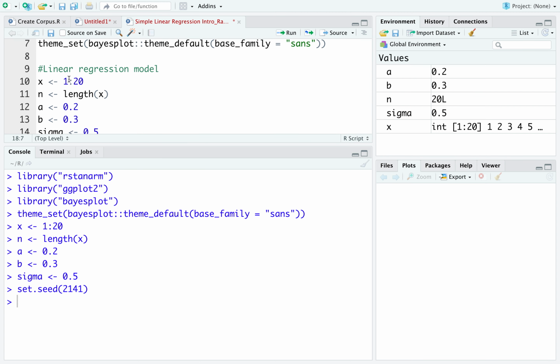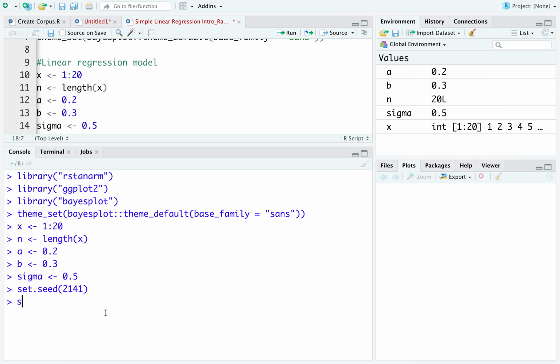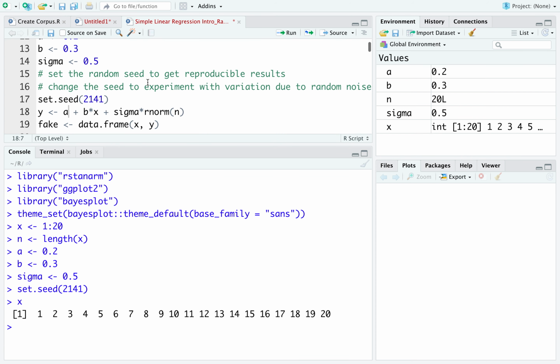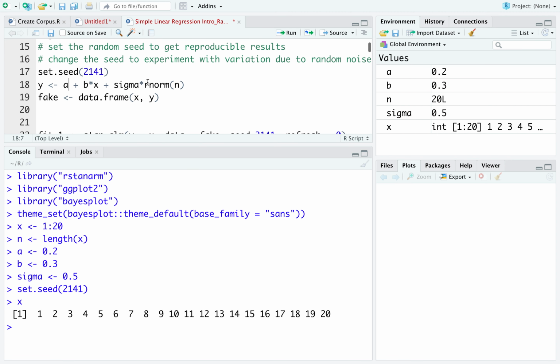One data point has X equal to 1. X is just the sequence from 1 to 20, really simple, not randomly generated settings for X, for the predictor, for the independent variable, if you will.